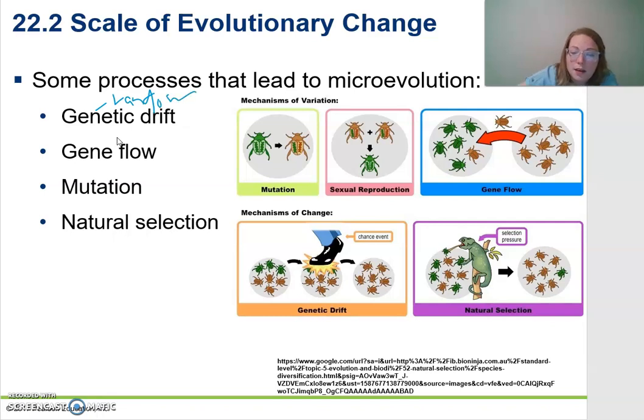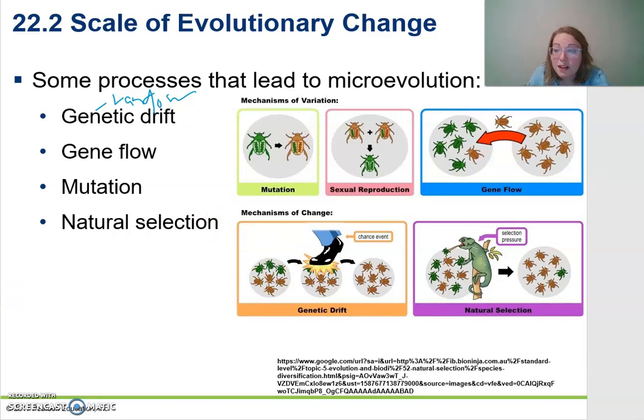For example, here we've got the original population: 3 out of 7 are green alleles, 4 out of 7 are brown, and then somebody just squishes the green ones. So that population over time changed to be 100% brown beetles. It wasn't because the brown outcompeted the green. Green just had bad luck.